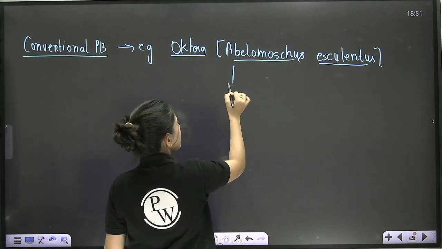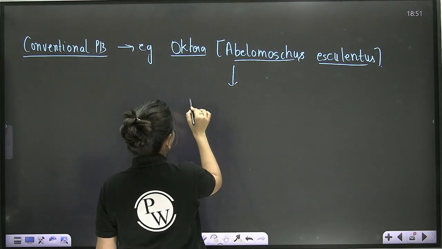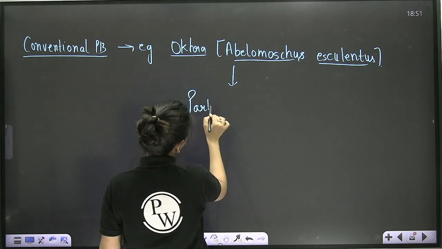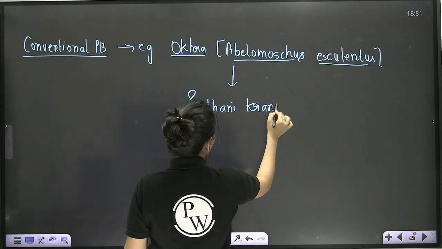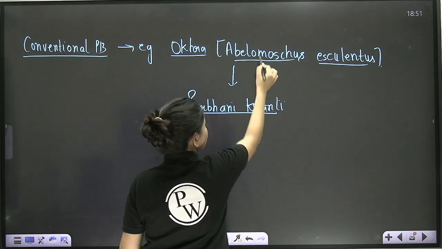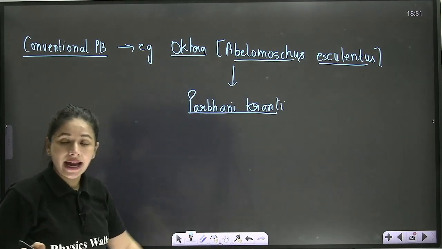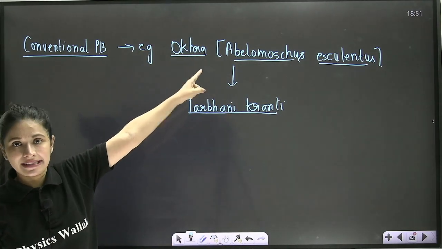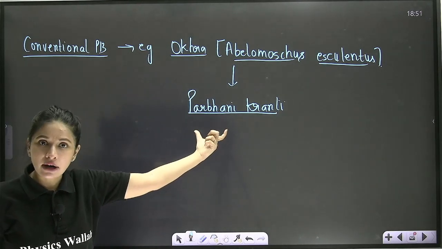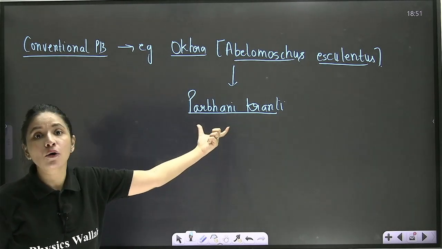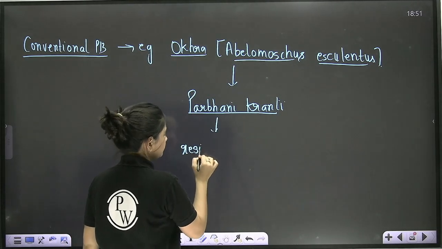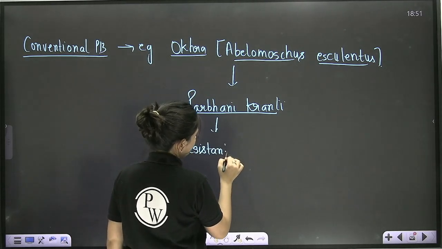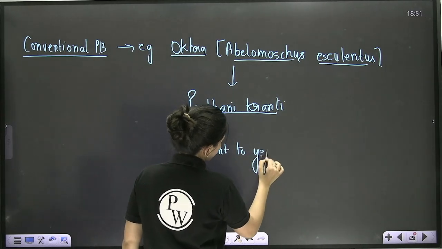From this okra, we have developed a new variety called Parbhani Kranti, right? Why? Because Abelmoschus is showing resistance to yellow mosaic, which is being transferred to this hybrid variety called Parbhani Kranti. So it is resistant to yellow mosaic.